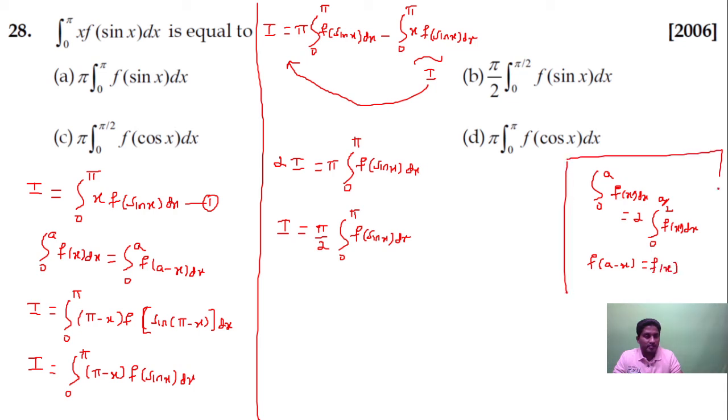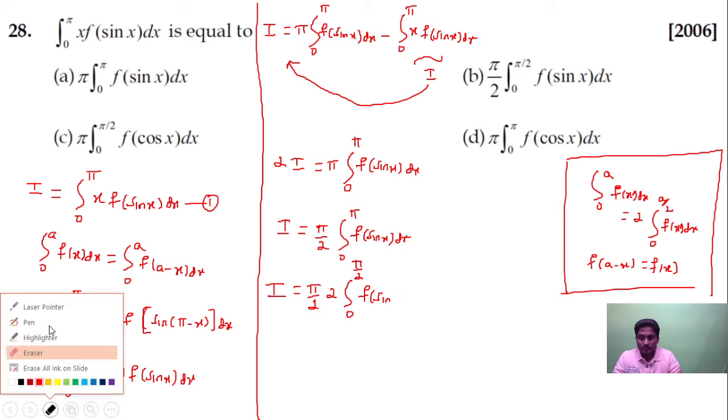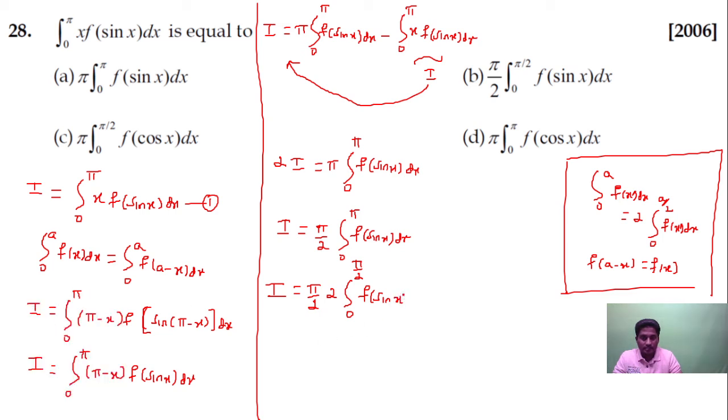If I use this logic, you get pi by 2 times 2 times integral 0 to pi by 2 f of sin x dx. This 2 and 2 cancel. There's still no option like this.